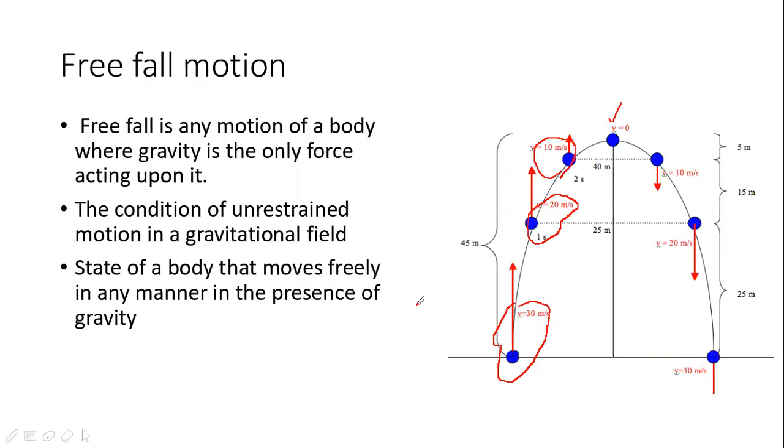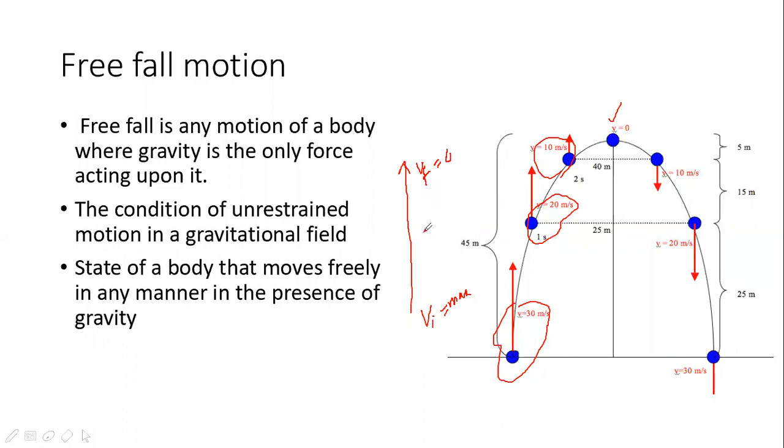So from this we can conclude that if a body is thrown in the upward direction, its initial velocity will have maximum value and the final velocity will become 0.